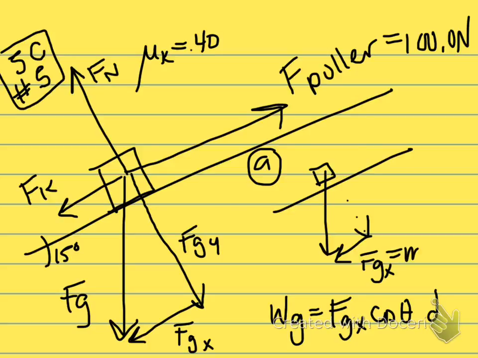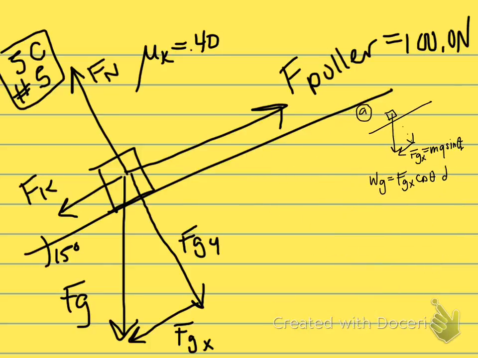And we know that this is mg sine theta of the ramp. Does that make sense? I think we did that one yesterday. So that one is easy, and you can do a picture that only shows gravity.